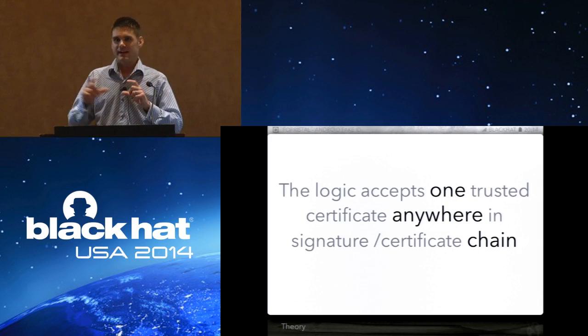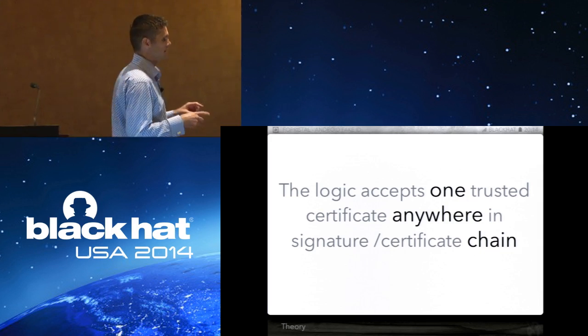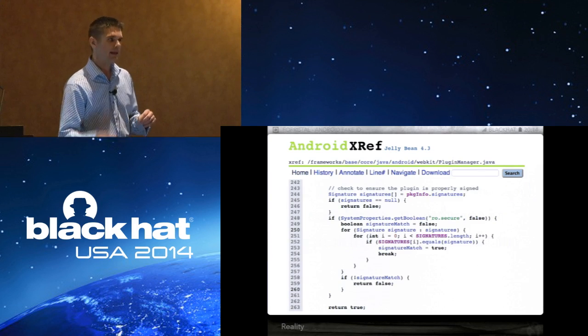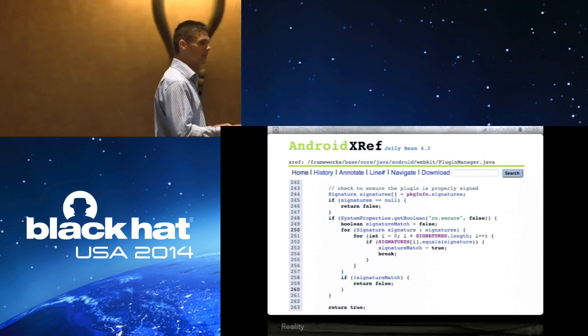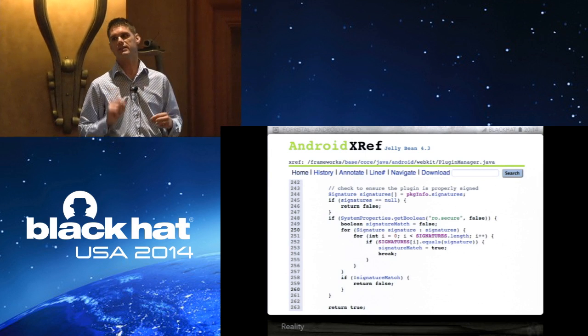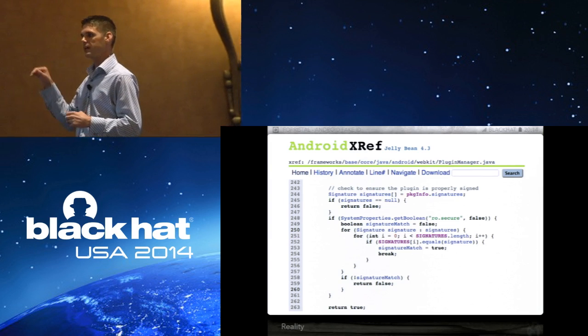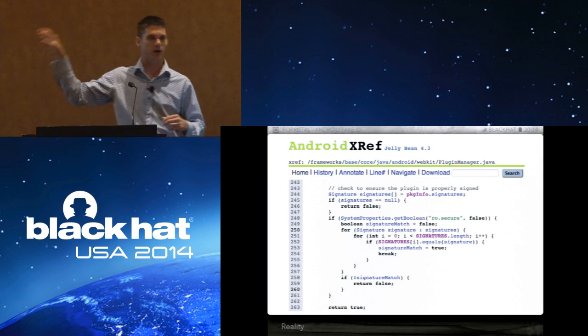Now this code, this logic that could do this, is theoretical, but interestingly enough, it's actually not theory. It does exist in the Android code base in some very specific places. Here's an example of one of those places, buried in the WebKit plugin manager. This is out of AOSP code right here. AOSP code means, guess what?